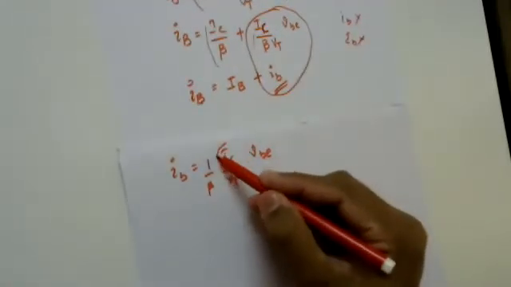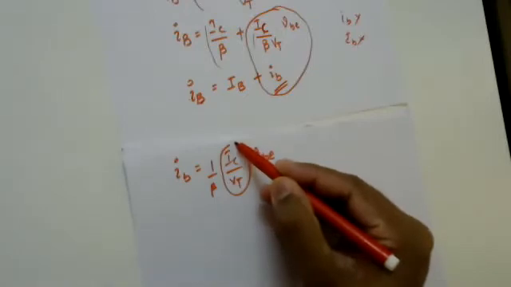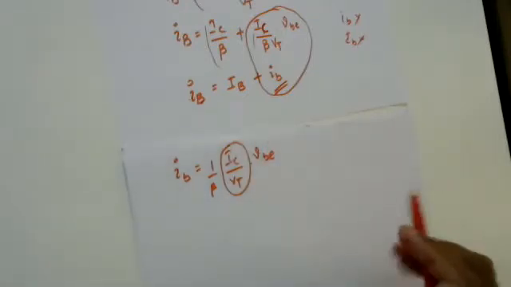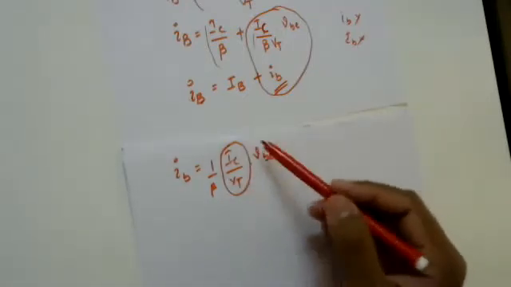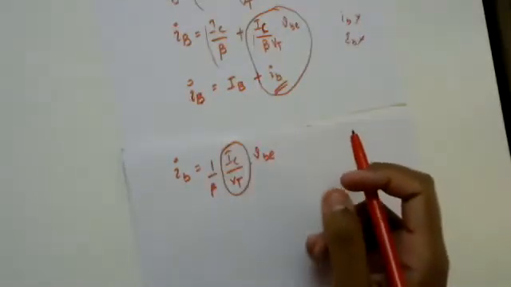What is my IC by VT? What is my IC by VT? Answer me in the group chat. What is this IC by VT? How can I write that? Yes, transconductance. Good, very good.